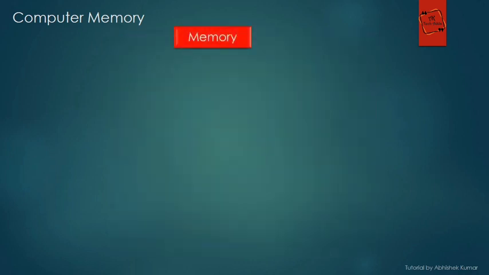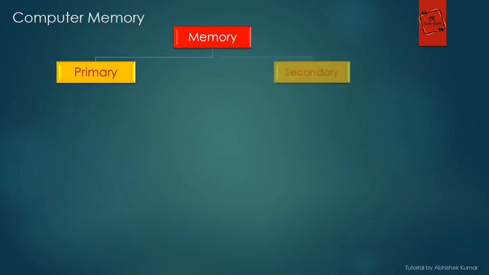Now we'll talk about kinds of memory. A computer has two kinds of memory. Number one, primary memory, and number two, secondary memory. Primary memory is also called internal memory, and it is also the main memory of the computer.